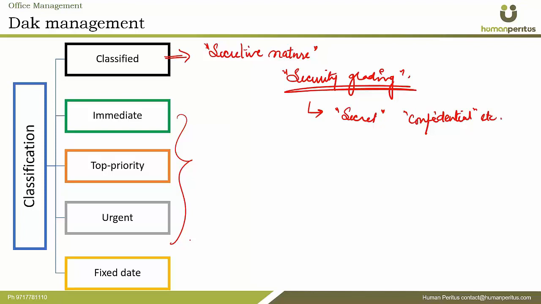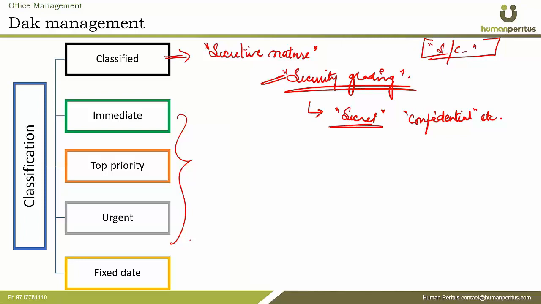So this is basically secretive in nature, and it always bears a security grading, such as secret. The dak will have, on the top of it, writing that it is secret or confidential. So we can categorize it as a classified dak. Now, because this is confidential and very secretive in nature, there is a prominent feature of this kind of dak: it is always addressed to the officer by name and not by designation.